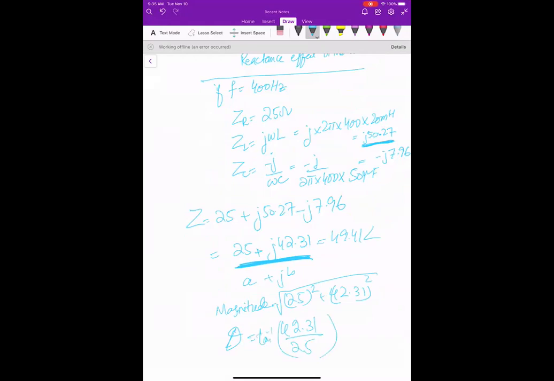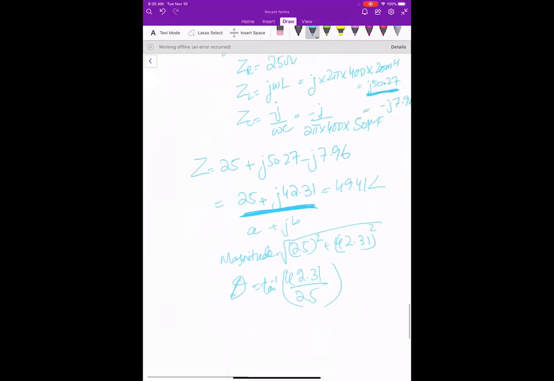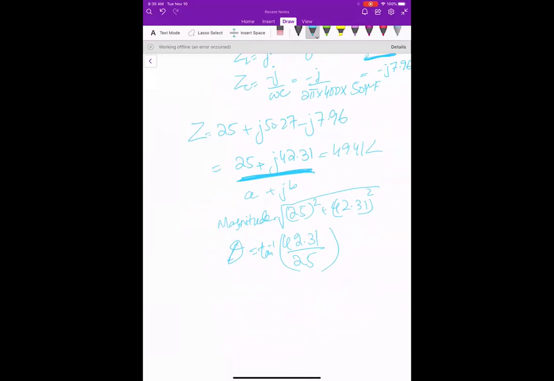It depends: if you are finding it in degrees, it will give you degrees, and if you want radians, it will give you radians. So this should be 49.41 and this should be 59.42.